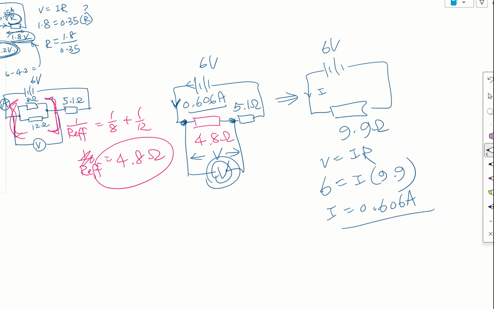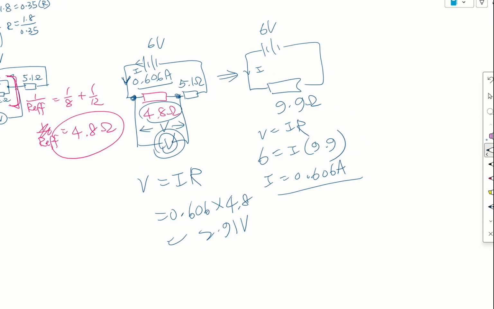Because the current is 0.606 and the resistance is 4.8, I can use V equals IR. 0.606 multiplied by 4.8, I will get an answer of 2.91 V.